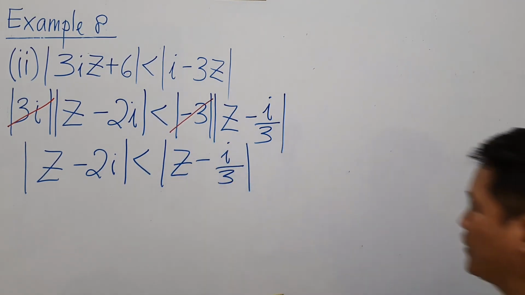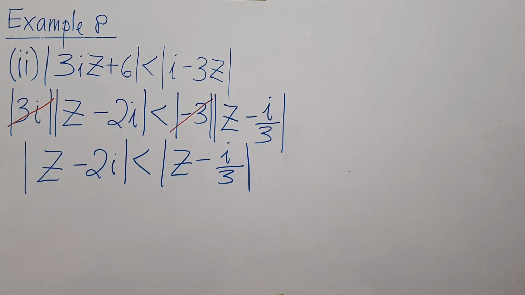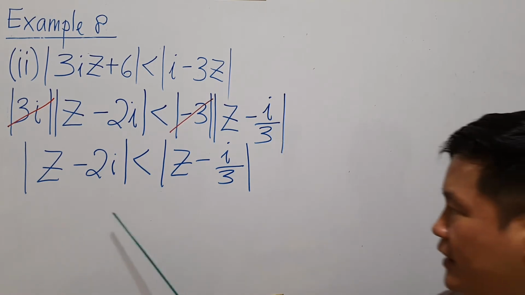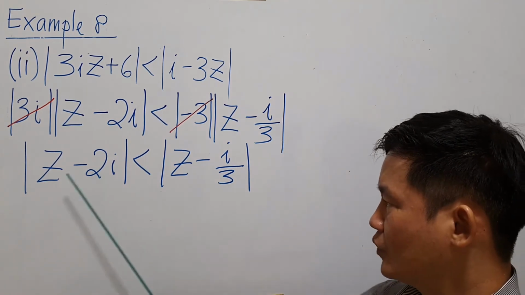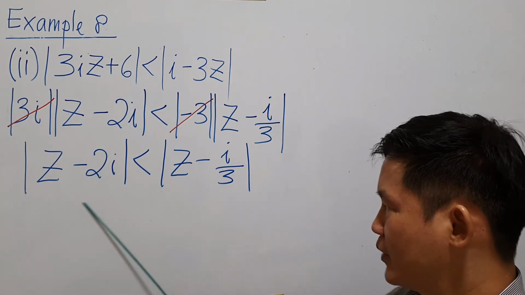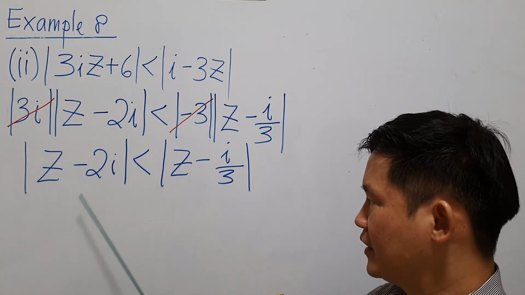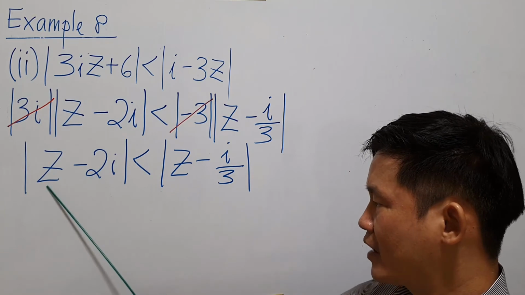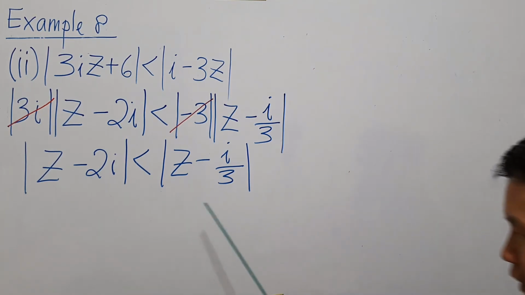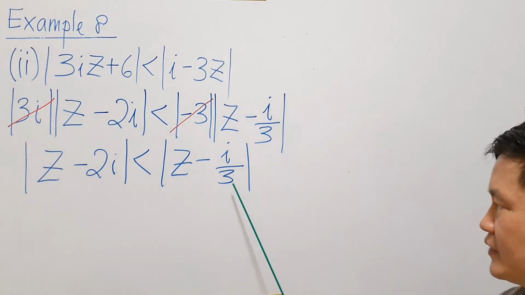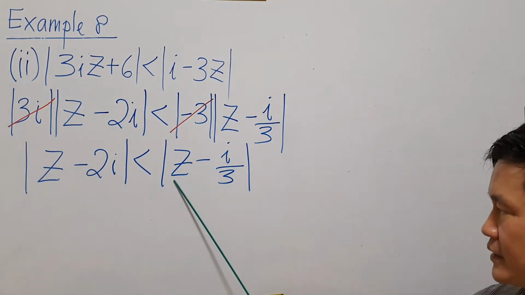Let's try to make sense of the geometrical meaning. On the left hand side, it says the distance from 2i to z. Remember, an expression like this means the distance from this to the other complex number. On the right hand side, it is the distance from this to z.